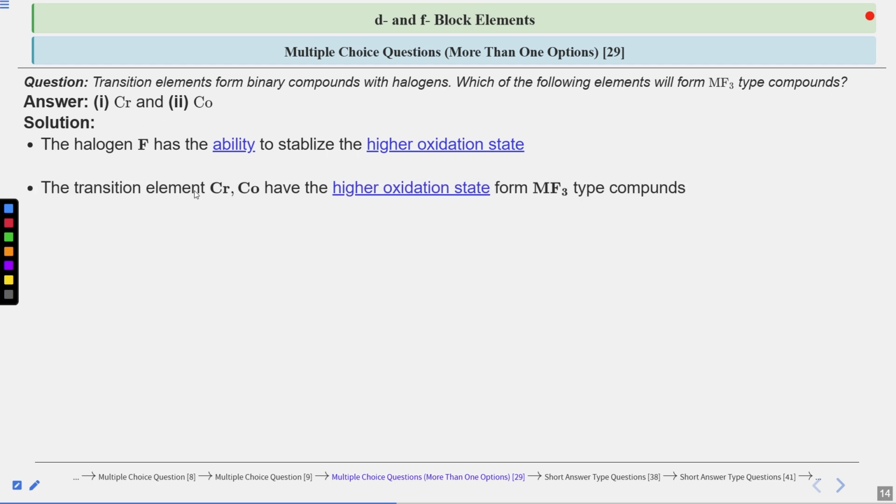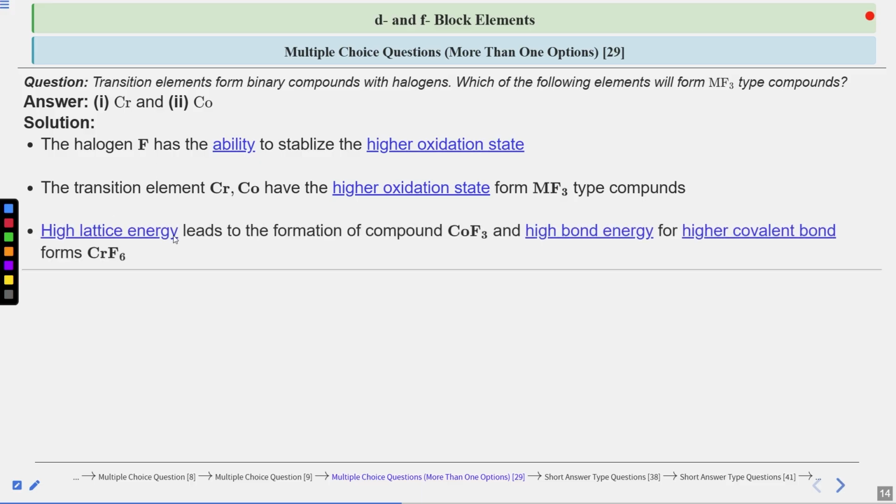Now, the transition elements like chromium and cobalt have their higher oxidation state, which form MF3 type compounds, where the metal will have a +3 oxidation state, right? High lattice energy means the energy that is released when the gaseous ions form the solid.